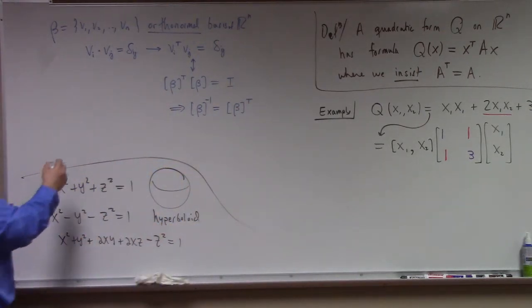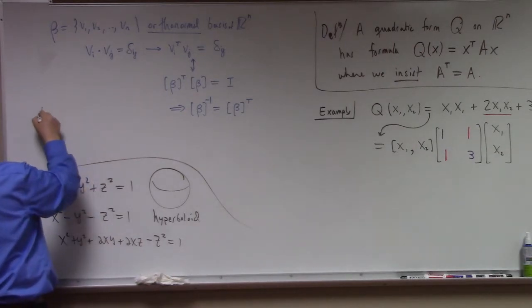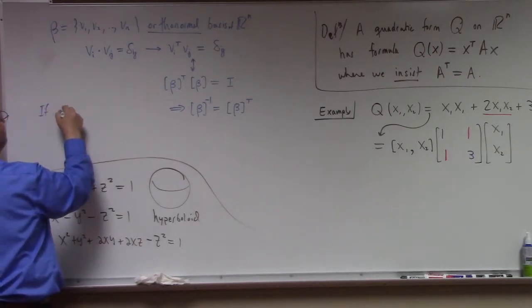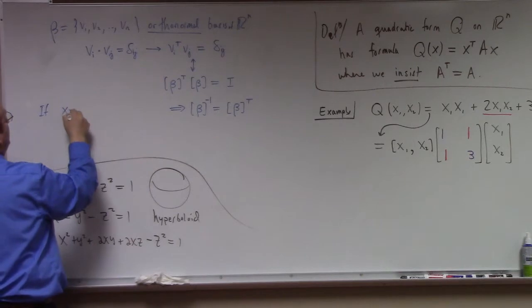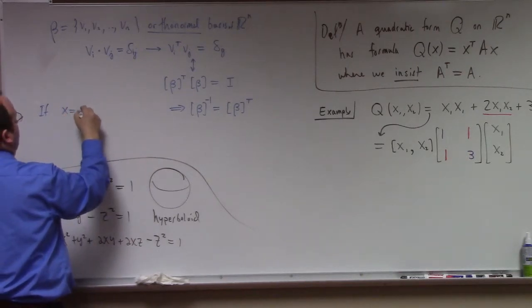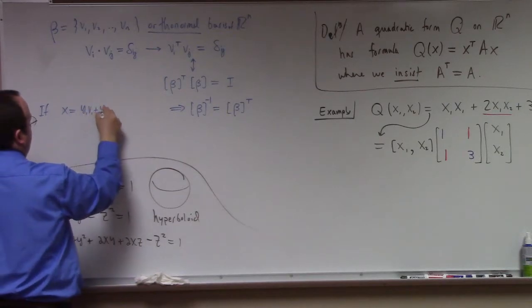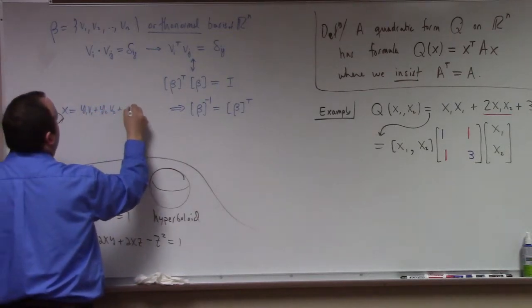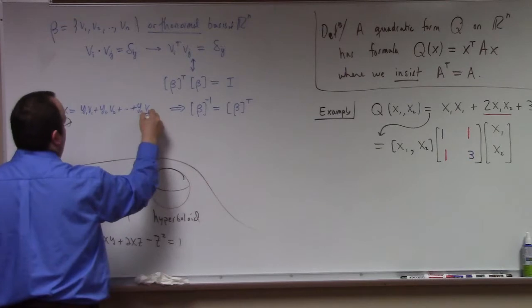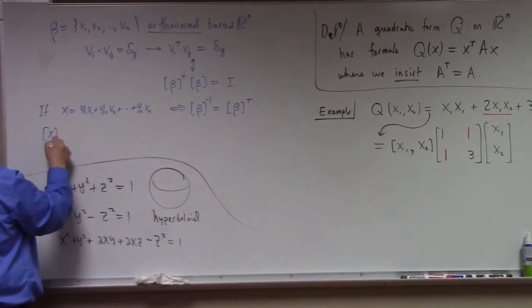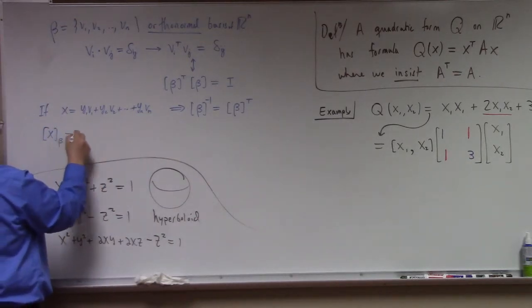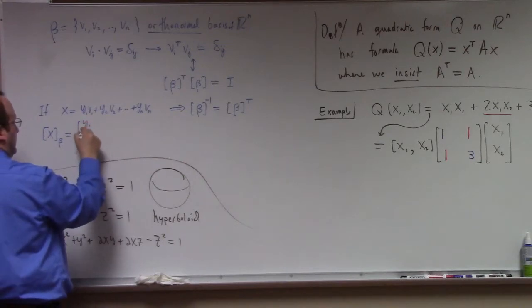And so, suppose we have x equal to y1 v1 plus y2 v2 plus through yn vn, right? In other words, the coordinate vector of x with respect to the beta basis is the y1s through yn's.